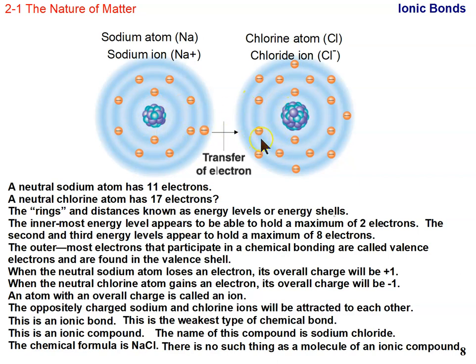Chlorine will try to rip an electron from just about anything, and sodium will try to give its electron to just about anything. So that makes them highly reactive, but when they get together, the chlorine gets the electron and is happy, and the sodium loses the electron and is happy, and they form table salt.